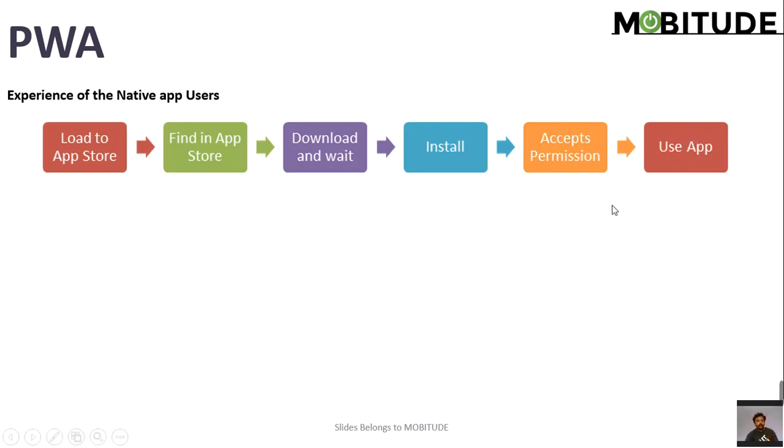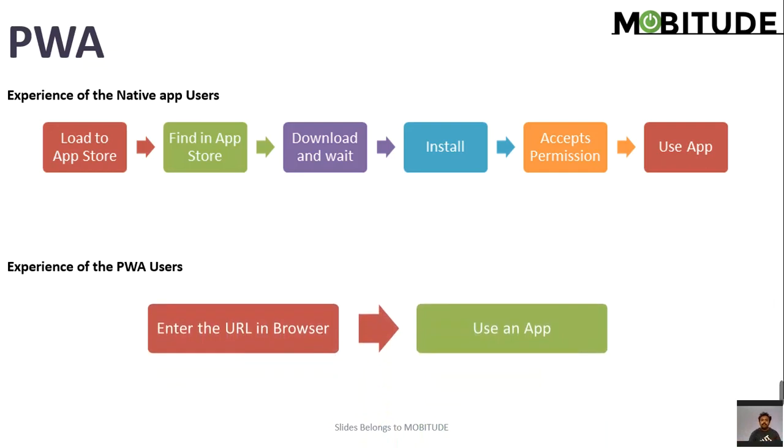But a progressive web application is very simple. Enter the URL in the browser and convert it to a mobile app. It's very simple, progressive web apps. I will show you a demonstration of this.